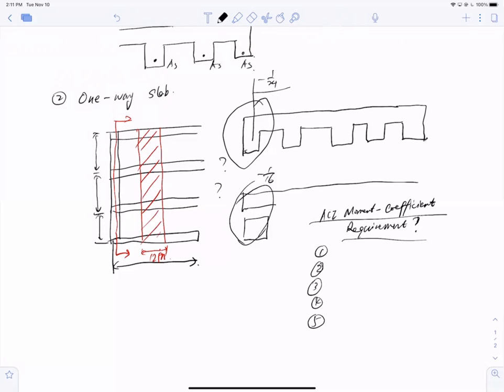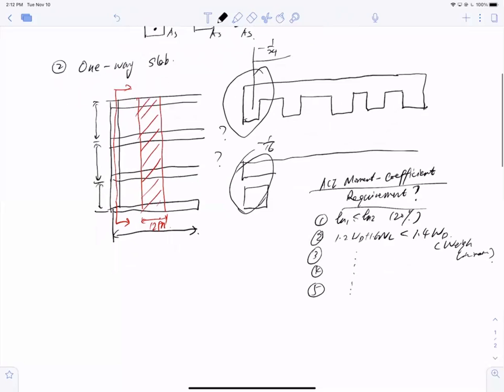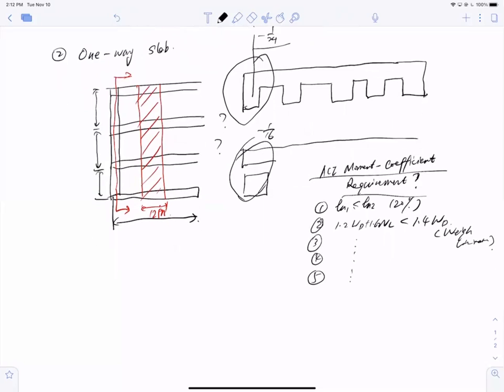For example, Ln1 has to be within Ln2, about a 20% difference, cannot be too much. And 1.2 dead plus 1.6 live cannot exceed 1.4 dead. This is a load limitation constraint, something like that. There are others, so please go back and review. We probably need you to provide a reason why you can use the moment coefficient.